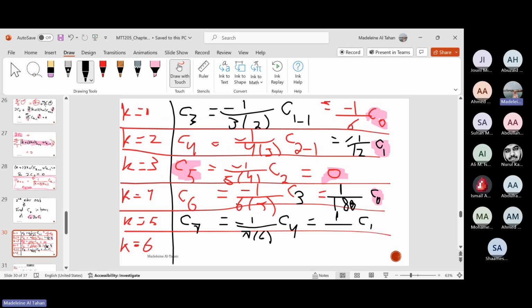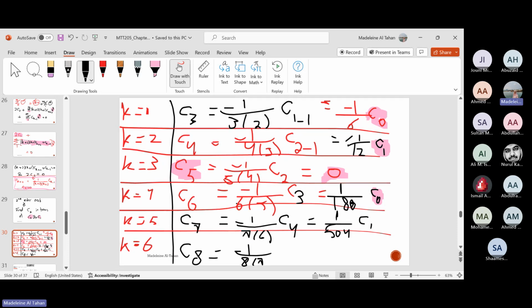Okay. Now we will substitute here C8. It will be -1 over 8 times 7 multiplied by C5. And C5 again, what's C5, miss? It's 0.